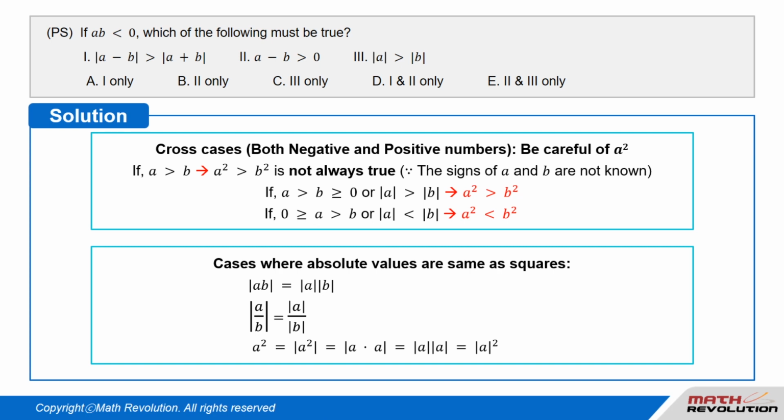Absolute value of a over b equals absolute value of a over absolute value of b. And a squared equals absolute value of a squared equals absolute value of a times a equals absolute value of a times absolute value of a equals absolute value of a squared.